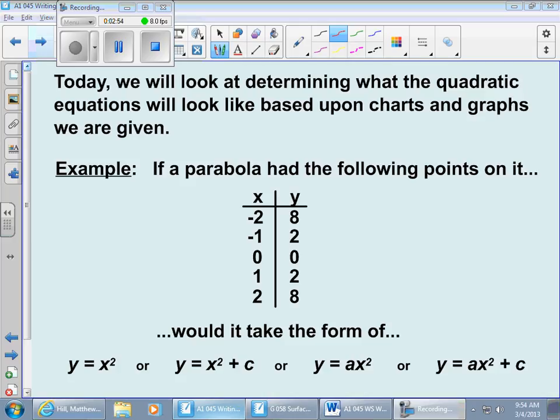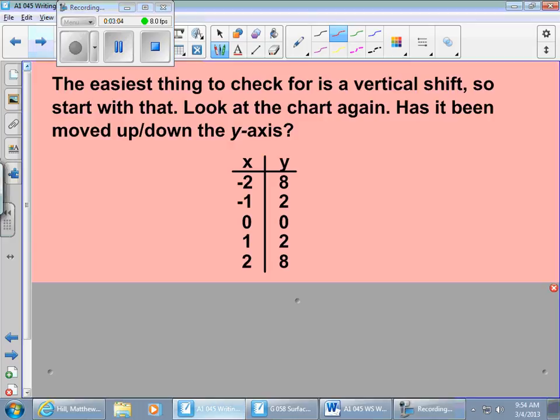I'll tell you in as easy a language as I can think of how to look for that. The easiest thing to look for is what I suggest you look for first. Start with the easy stuff first, and that's to look into the chart for a possible vertical shift.